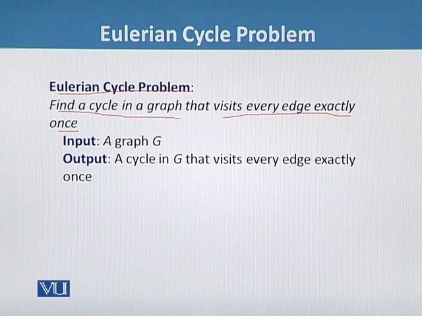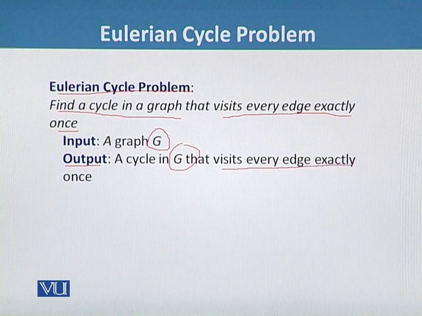The input of this algorithm is a graph G, and the output is a cycle in graph G that visits every edge exactly once. We saw in the previous slide that we visited each edge exactly once and ended up at the island where the tour started.